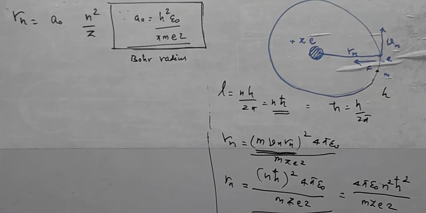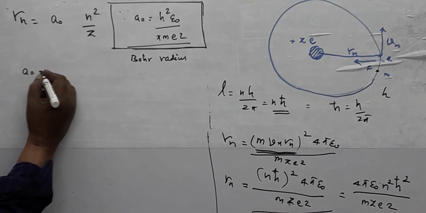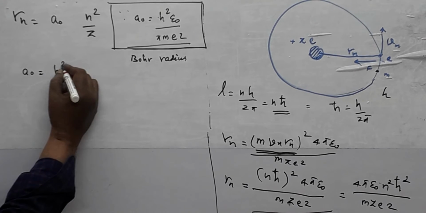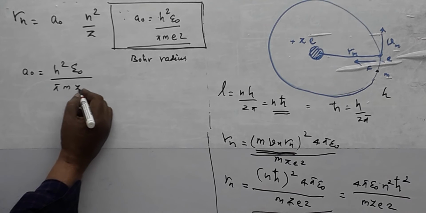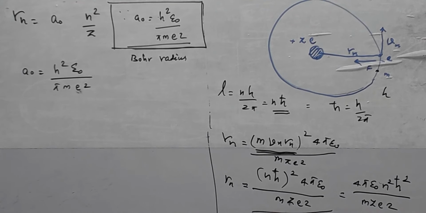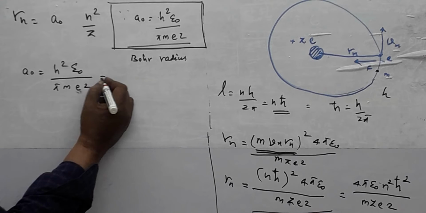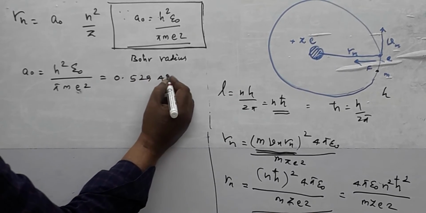So a naught is equal to h square epsilon naught divided by pi m e square, and the value of this is 0.529 Angstrom.